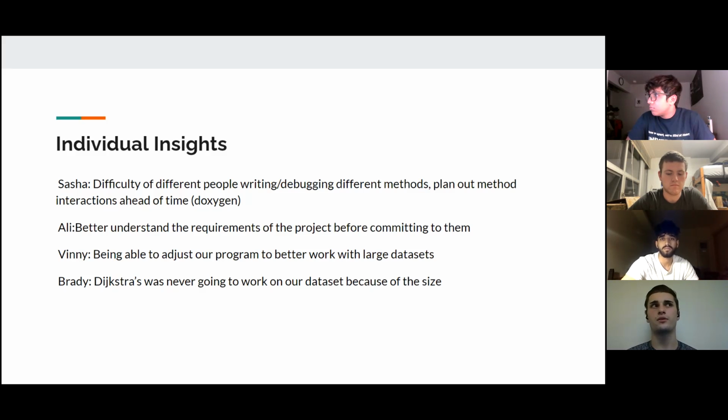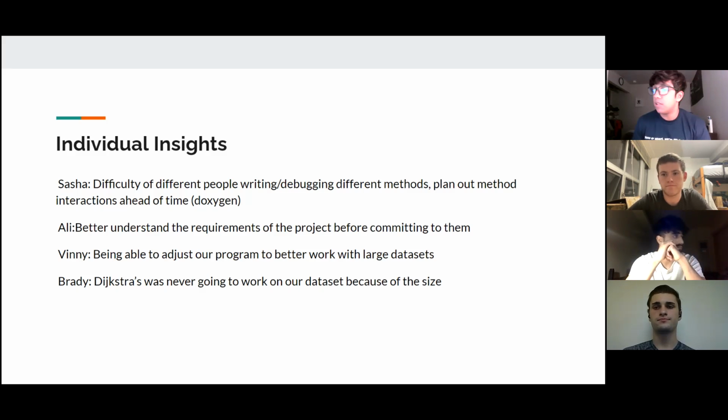So I think we would have benefited from having one person plan out code interactions ahead of time, something like a Doxygen. That way, each person writing the method or the class knew exactly what the input and the output of their method was, and we would have a better time debugging method incompatibilities and getting different methods to work together better.